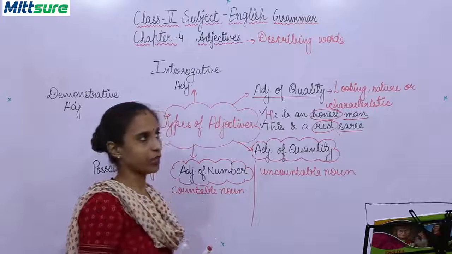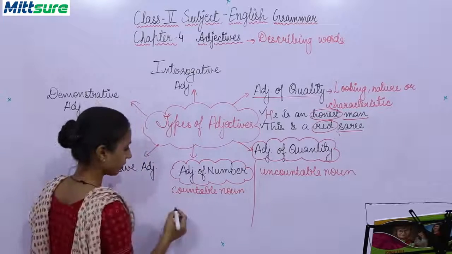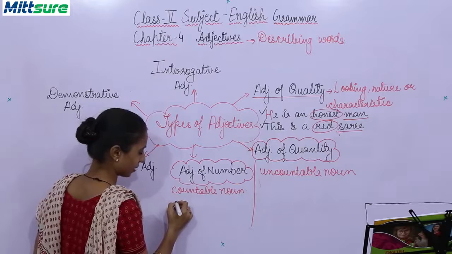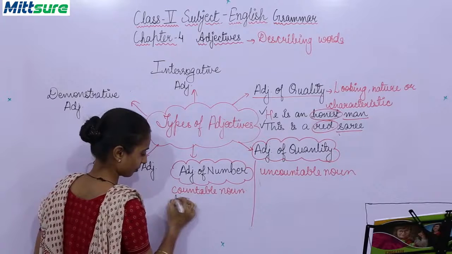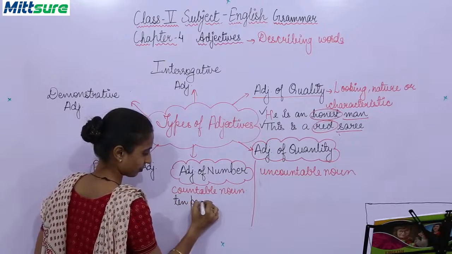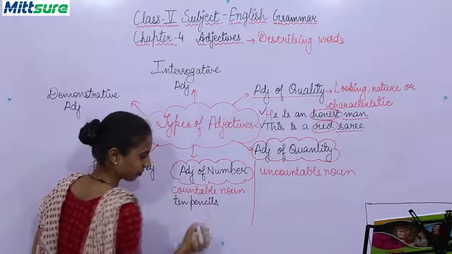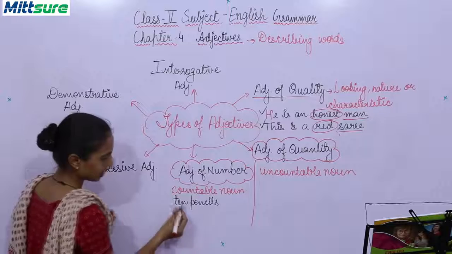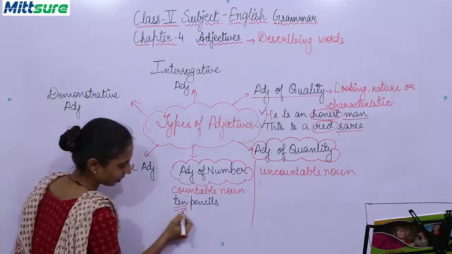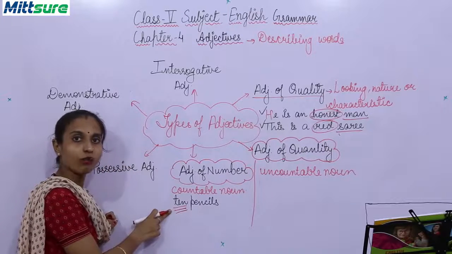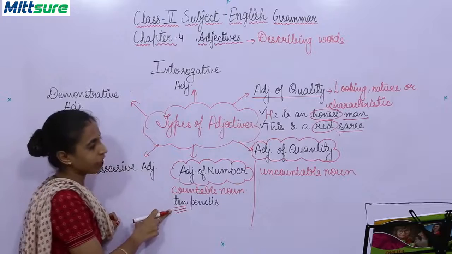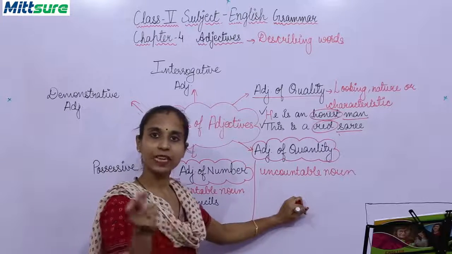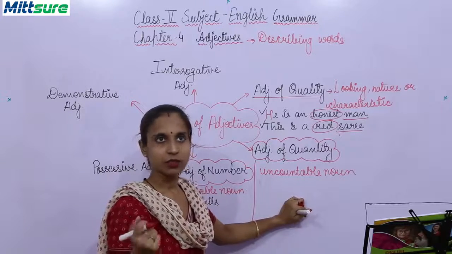Suppose if I say 10 grapes, 10 pencils. So here this 10 will be adjective of number. Now uncountable noun, take any uncountable noun.